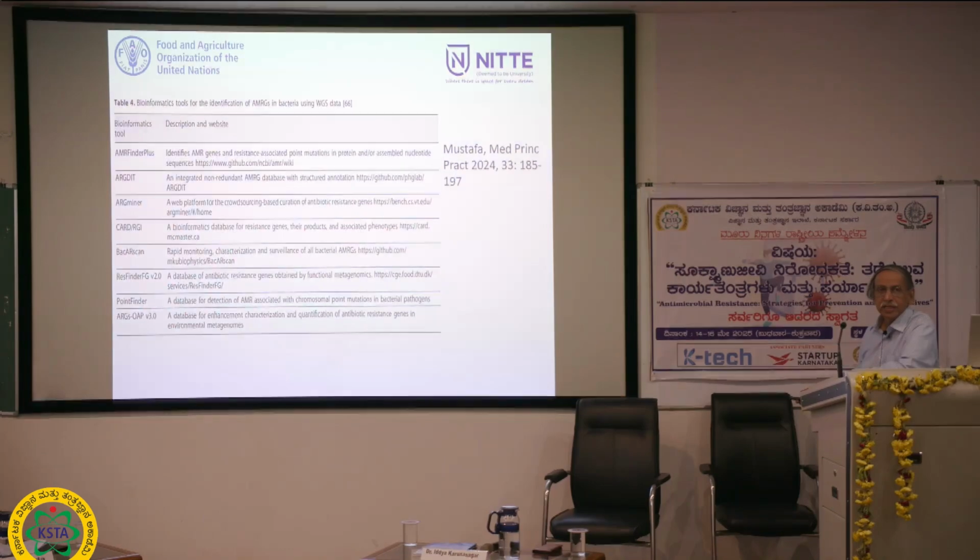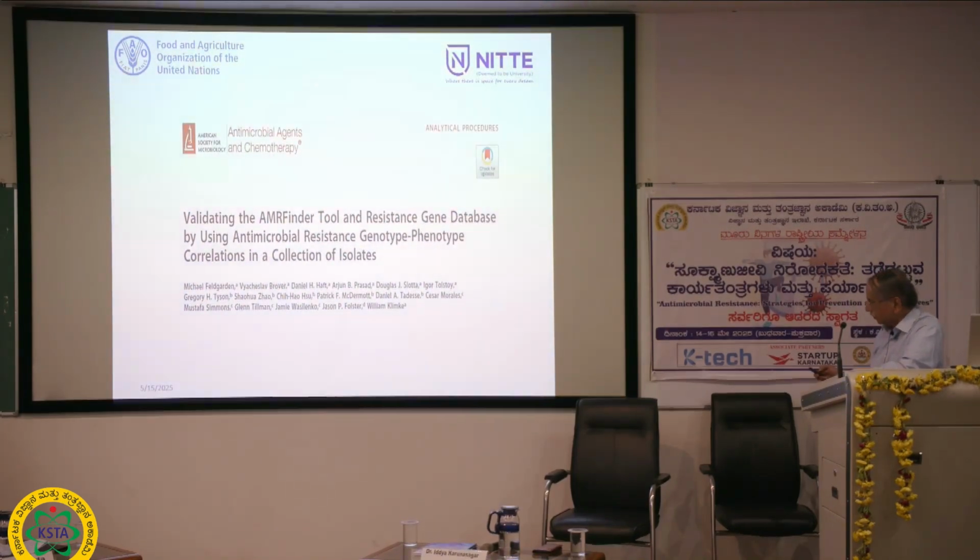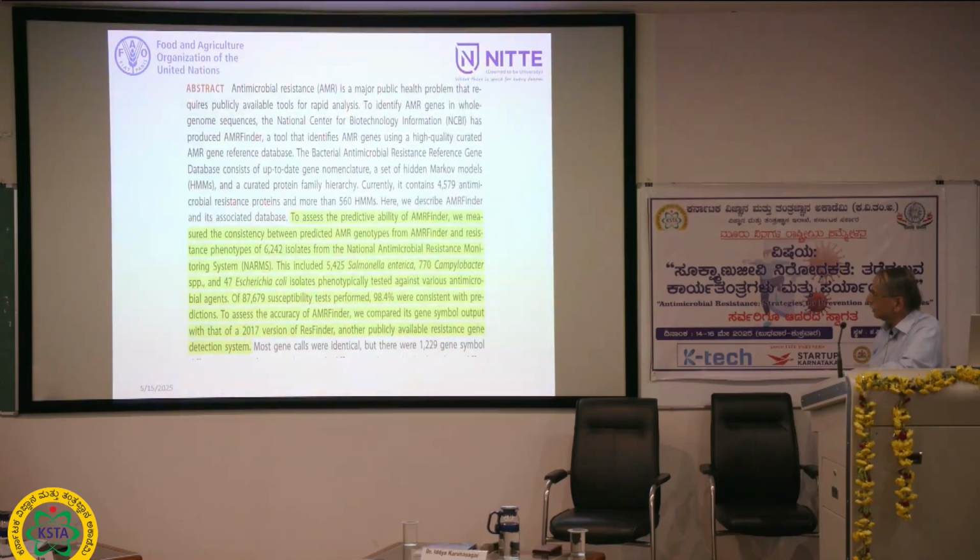There are publications like this validating the AMRFinder tools and resistance gene database using antimicrobial genotype-phenotype correlations in a collection of isolates. This type of study shows that there are differences in the output obtained from these different analyses. Here they included over 5,000 Salmonella enterica, 770 Campylobacter, and data from 87,679 susceptibility tests performed.